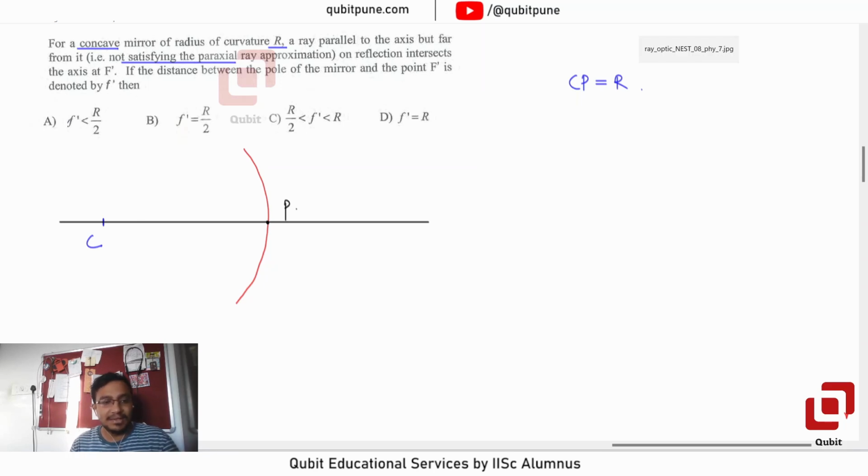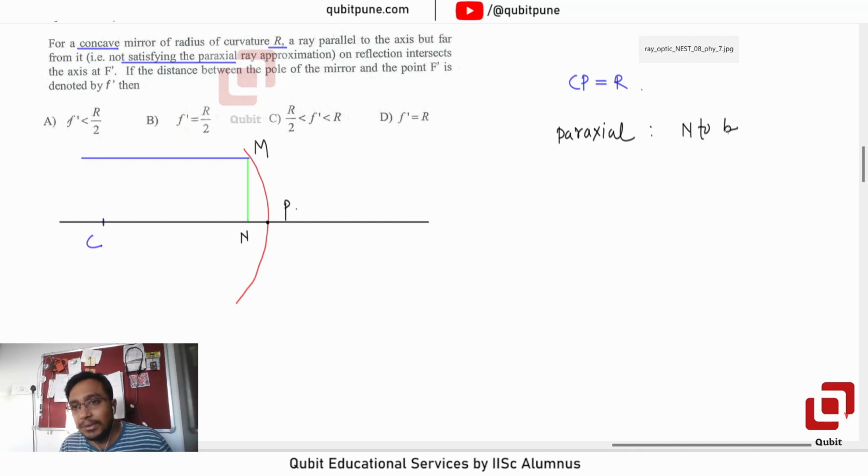Now look, there is a ray which is parallel to the axis, but far from it. What does that mean? If we drop a perpendicular from the ray on the axis, where the ray meets the mirror, let's call this point n, the point of incidence. Under paraxial approximation, we consider n to be coincident with p.